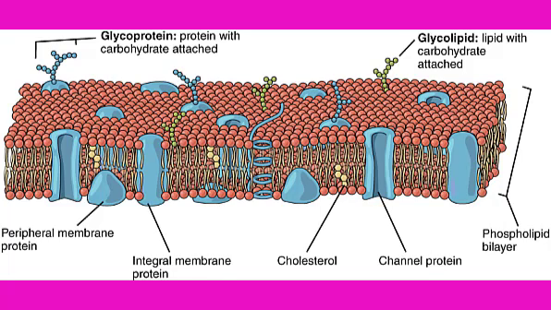A receptor is a type of recognition protein that can selectively bind a specific molecule outside the cell, and its binding induces a chemical reaction within the cell. A ligand is a specific molecule that binds to and activates a receptor. So integral proteins serve dual roles as both a receptor and an ion channel.